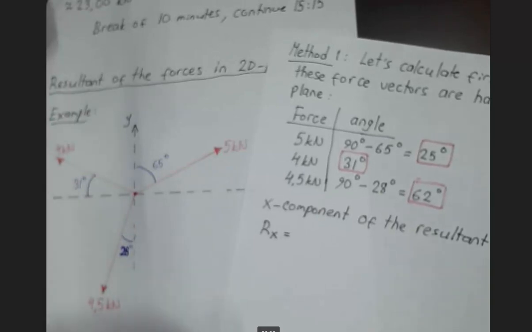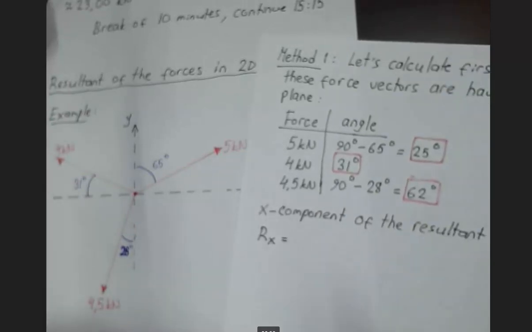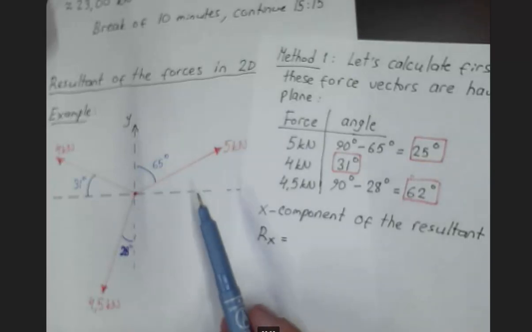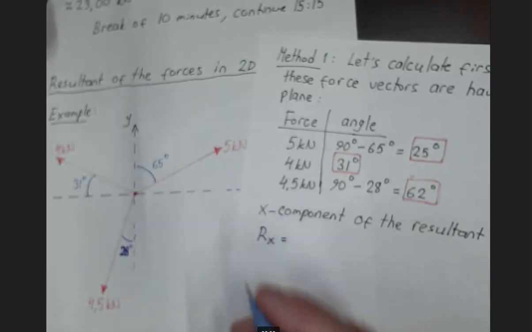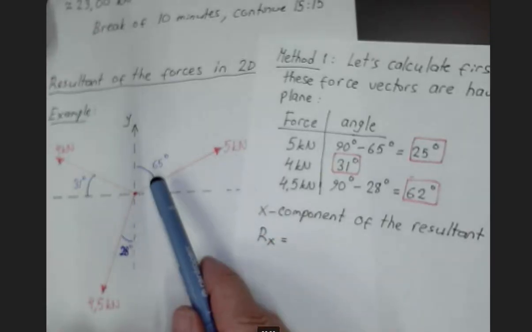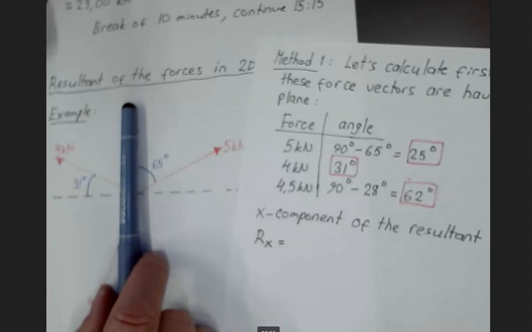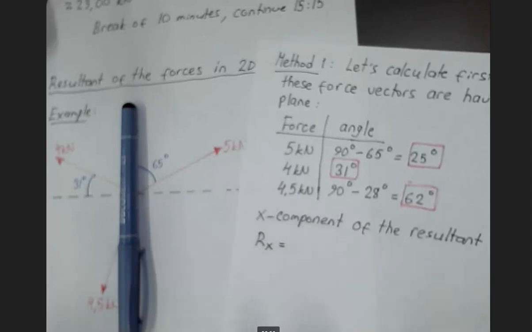Maybe we can see that picture there. We have to calculate the x component, and when we are having x component, then the positive sign is to the right, and the left hand side is the negative sign. So this is the only force which goes to the right from the vertical plane. So this will be plus.